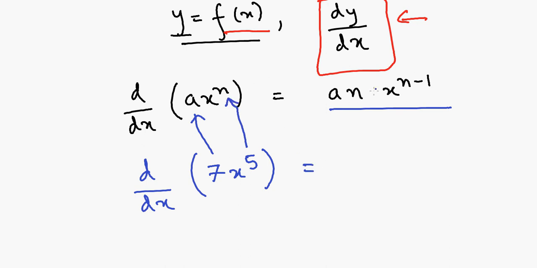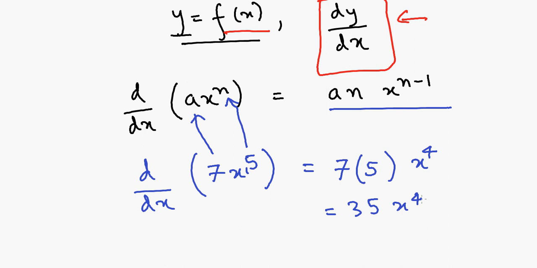If we apply this formula, I write down a first, which is 7, times n, which is 5, times x to the power n minus 1. So n is equal to 5, and 5 minus 1 is 4. So this works out to be 35x to the power 4.